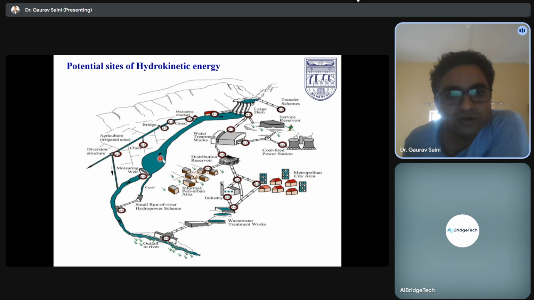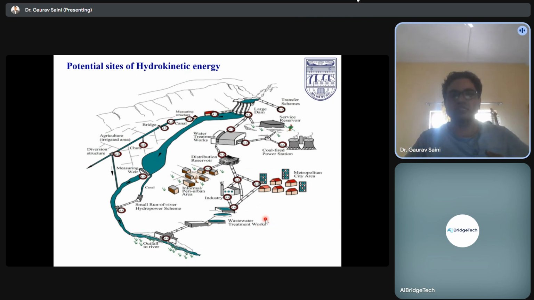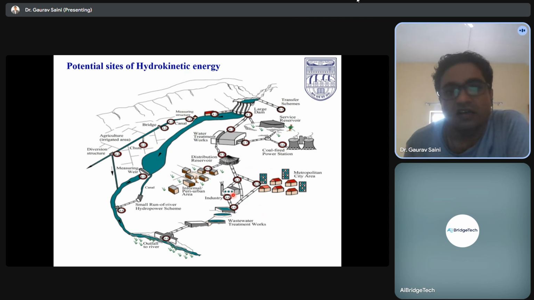And we may also have small run-of-river power plants. So the downstream side of a structure can also be utilized for hydrokinetic power plants. There may be some wastewater treatment works. So there is a lot of potential for hydrokinetic energy generation.